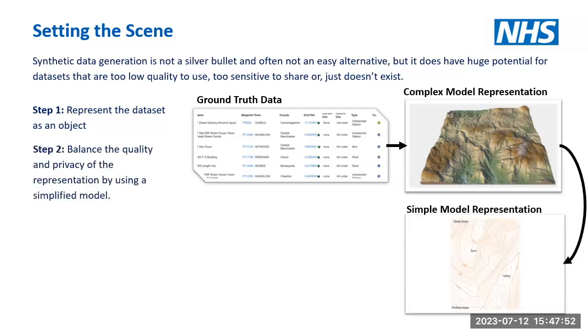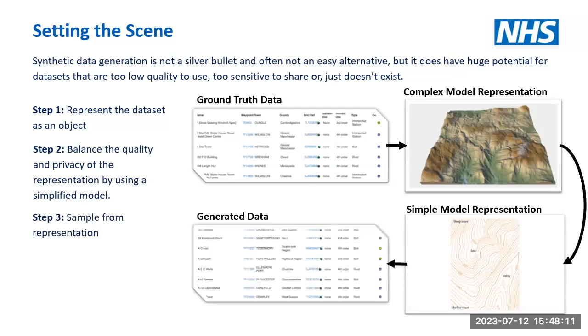You then need to take that representation and make a simplified version of it, because what we're looking at doing here is balancing the quality of the data, how close it resembles the original data, and the privacy. And by creating that simple model representation, you're trying to create that balance and control that balance, importantly. You then generate data from that.